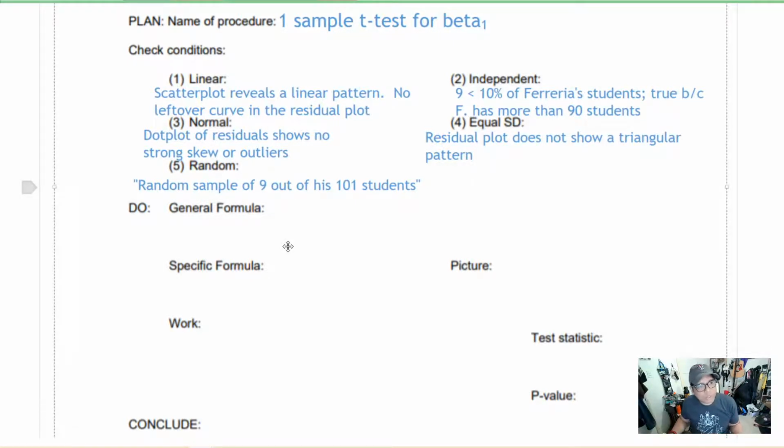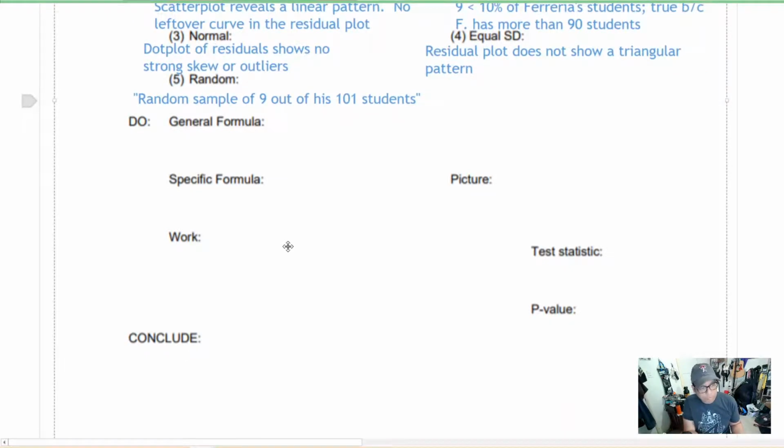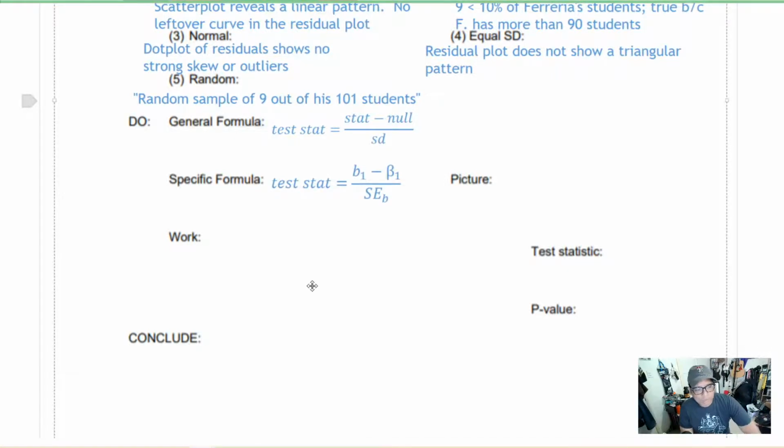Let's move on to the do part, where we have the general formula. For a hypothesis test, your general formula is always test stat equals stat minus null over standard deviation. For the one sample t-test for beta 1, the specific formula is test stat equals B1 minus beta 1 over SEB.